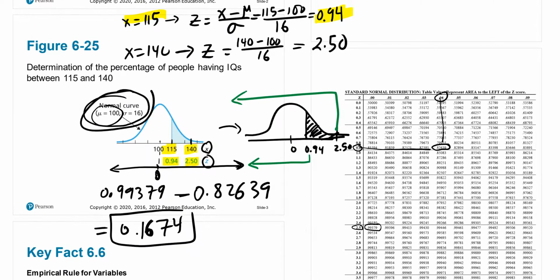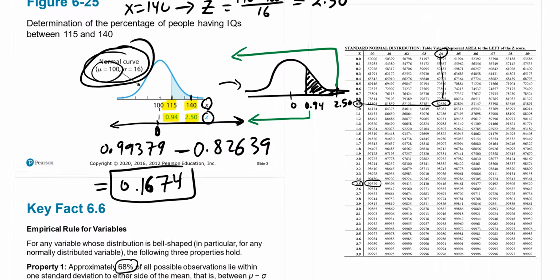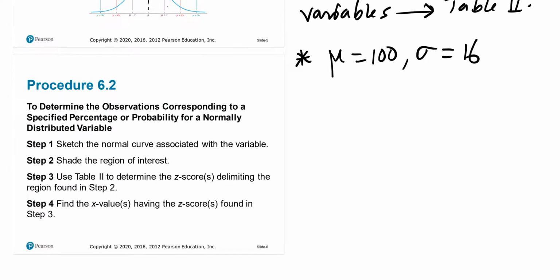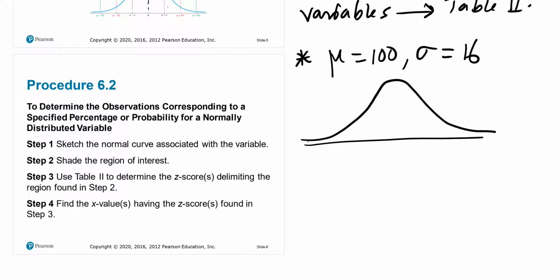We were interested in the range between 115 and 140. But in general, if you go one standard deviation above and below the mean, the mean is 100. Adding one standard deviation gives 116, and below the mean, that's 84.